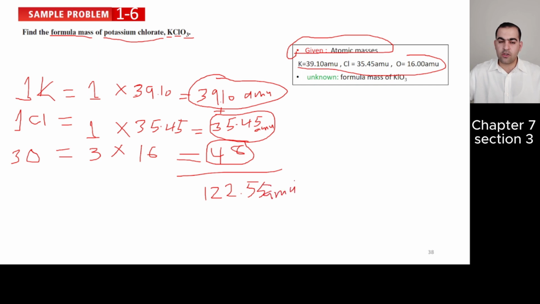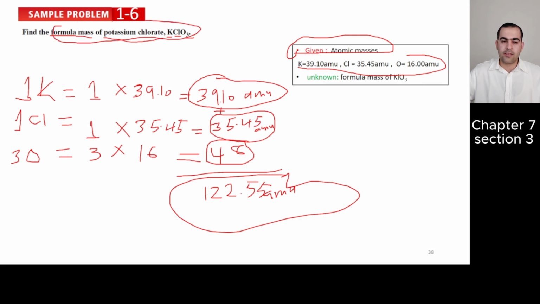This is the unit of the formula mass. We are talking about the mass of atoms, so we use AMU. This is the formula mass of potassium chlorate. That's it.